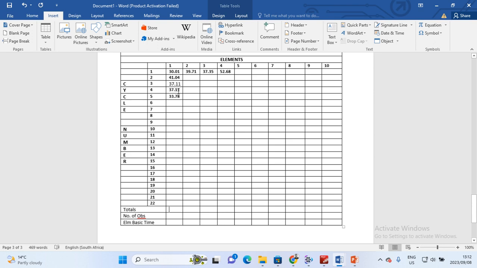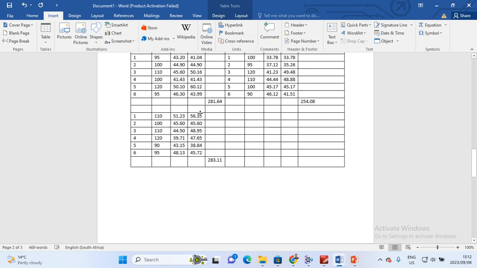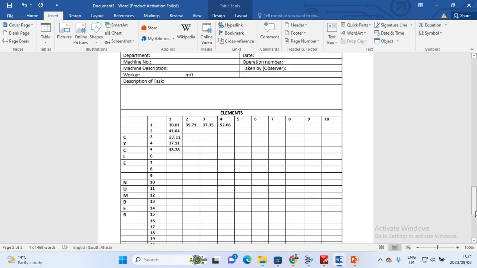There's something wrong here. Element 1, cycle 3, it should be 56.35. Apologies. Right here.